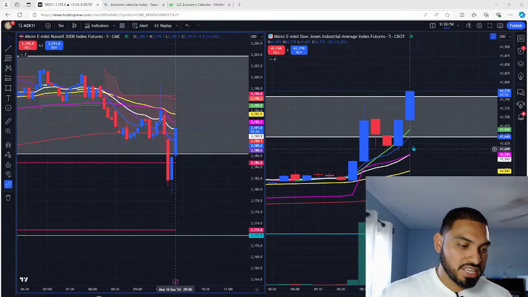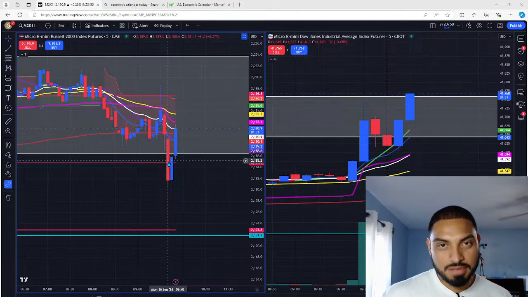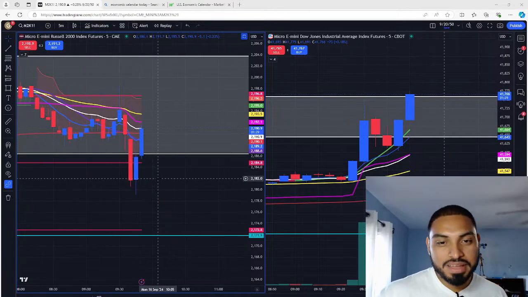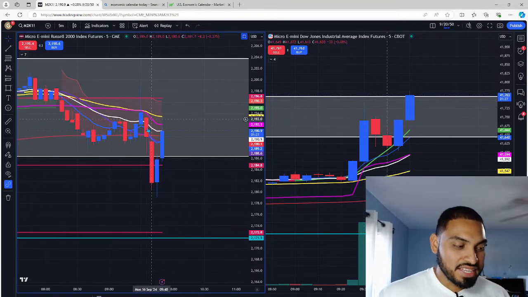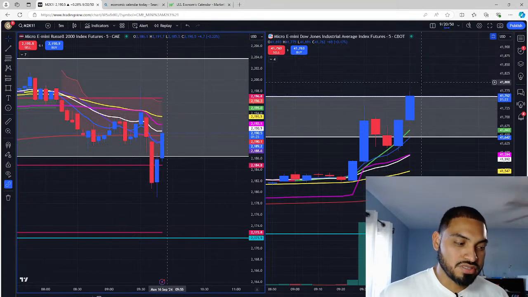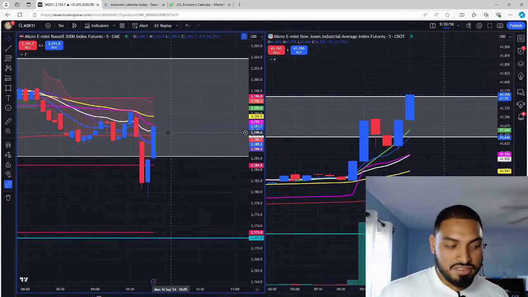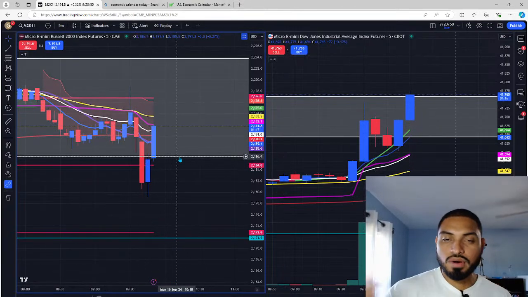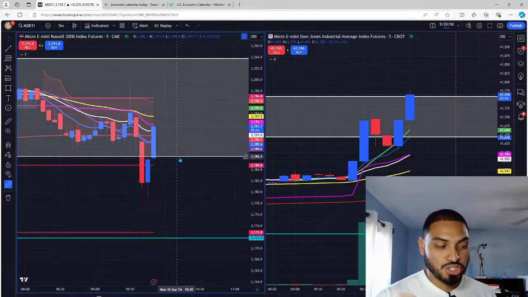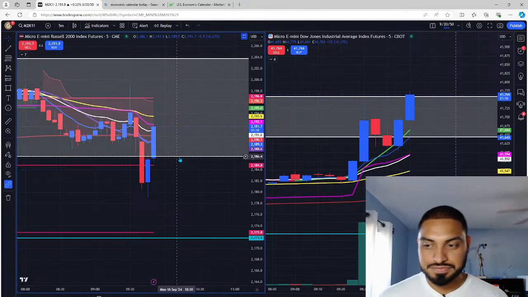So the reason we see an overreaction like this is most likely, I won't bet all my rocks on it, but I will bet some rocks on it, is that we're getting that reaction on the Russell because the Dow Jones is popping off. So if I'm going to go short, I better make sure that short is making sense. I better make sure.